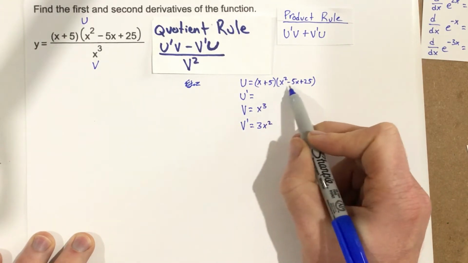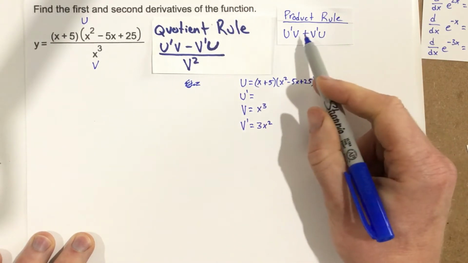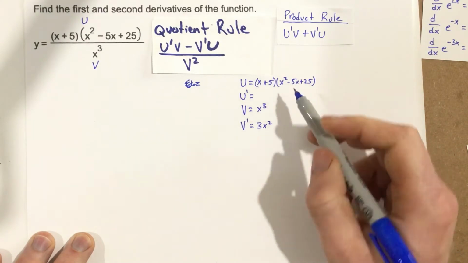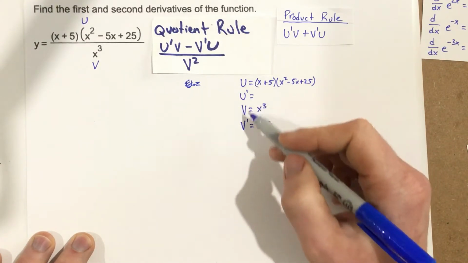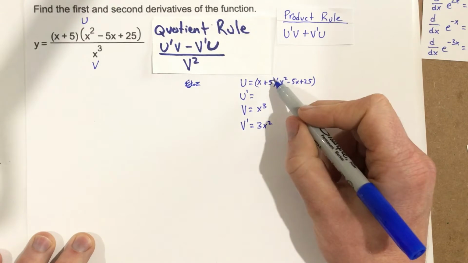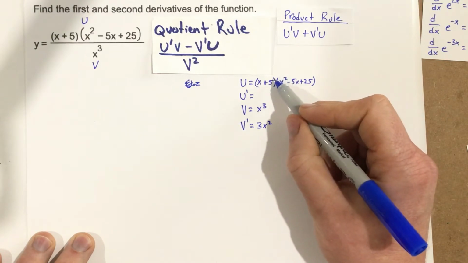This one, because it's a product, when I take its derivative, I've got to use the product rule on this function. So this is where you've got to watch out with your u and u primes. You could label these with different letters if you wanted.